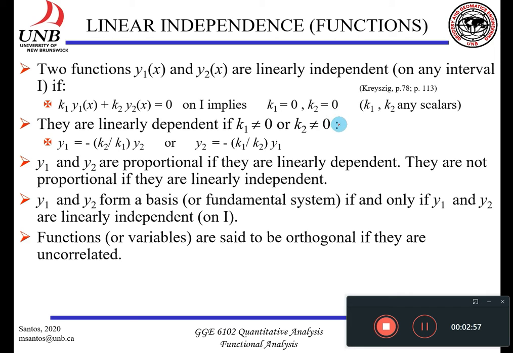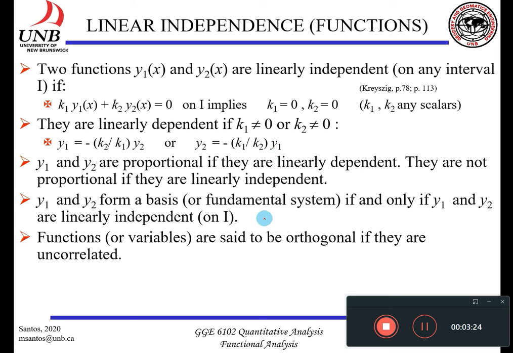If that condition applies, they are linearly independent. If k1 or k2 is different from 0, we can establish a linear relationship between them, which means they are linearly dependent.